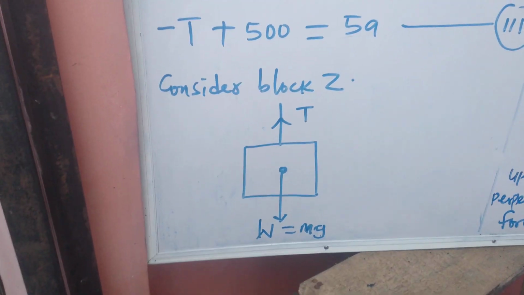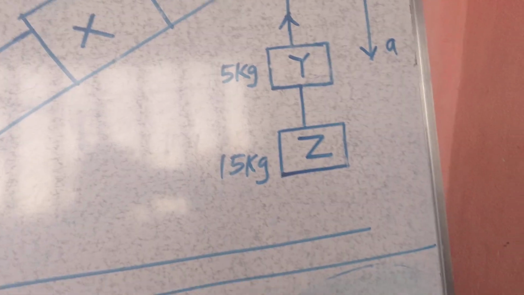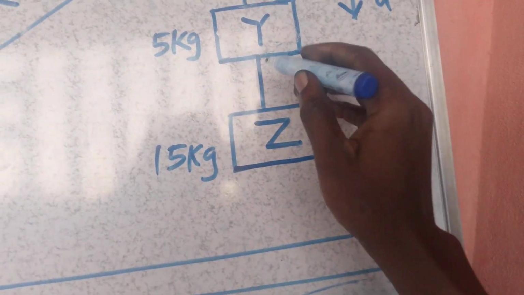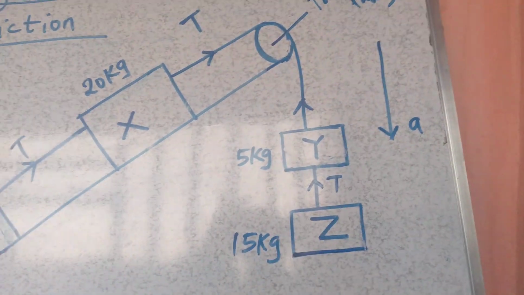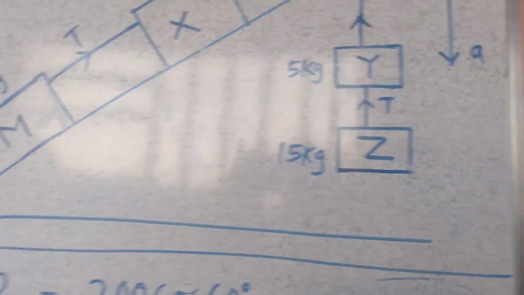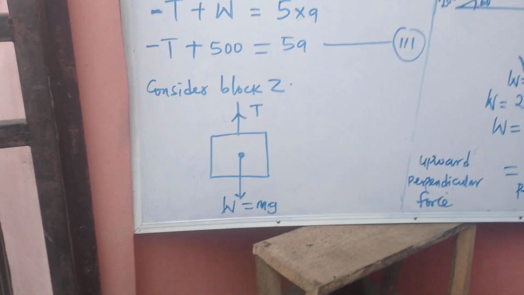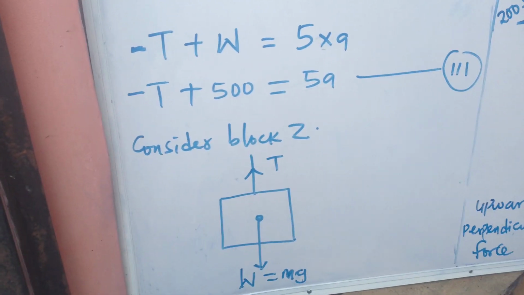Okay, so let me show you quickly the block I'm considering. The block is Z, and the mass of the block is 15 kg. There is a tension force that will act on this surface of the rope, tension T. Okay, that was how I got this free body diagram: the weight acting downwards and the tension force T acting on the rope.